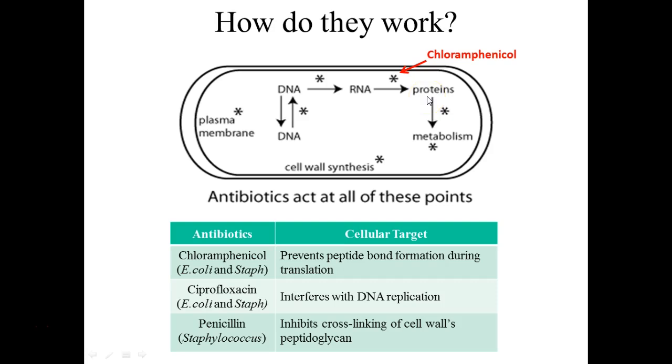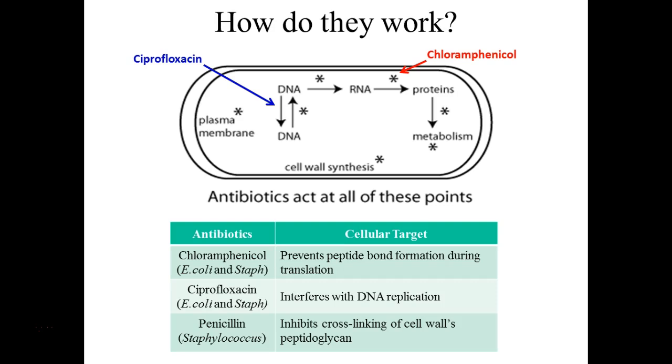And that's a very vital mechanism for a cell, right? So interfering with that can be detrimental. Remember, chloramphenicol, as I said, is bacteriostatic. This is definitely going to slow you down if you can't make proteins, right? And it's effective against both gram-positives and gram-negatives, so that would be a broad-spectrum antibiotic. So you should have seen that it was effective against both our E. coli and our staph today.